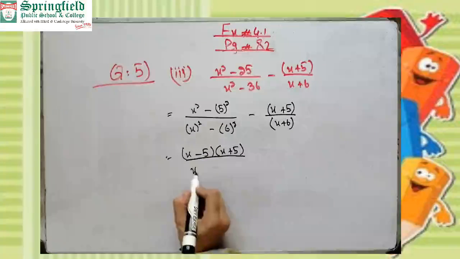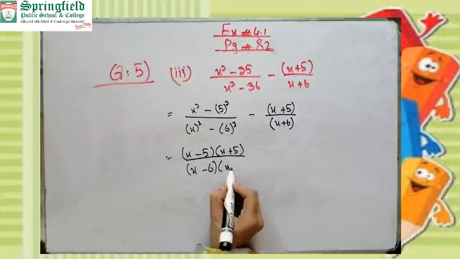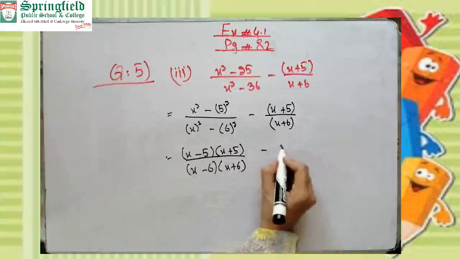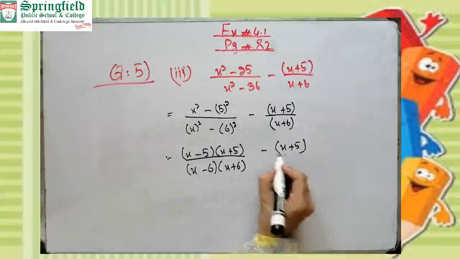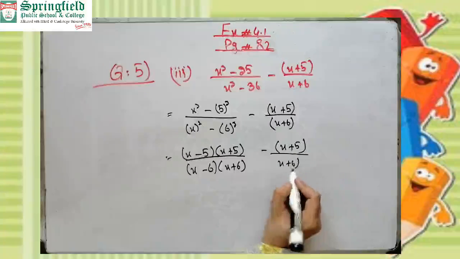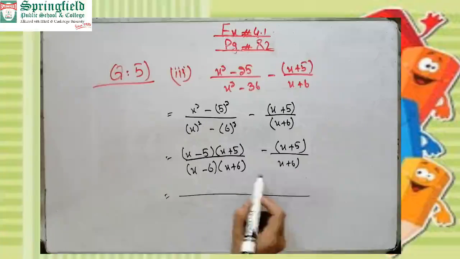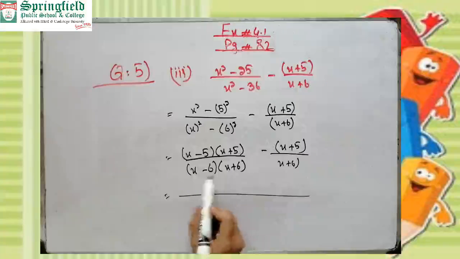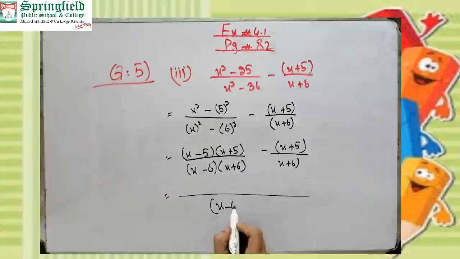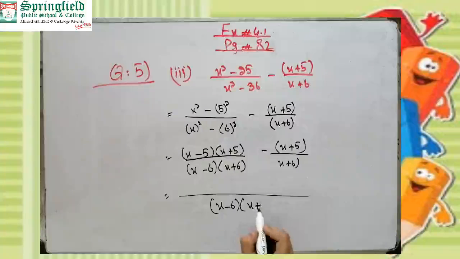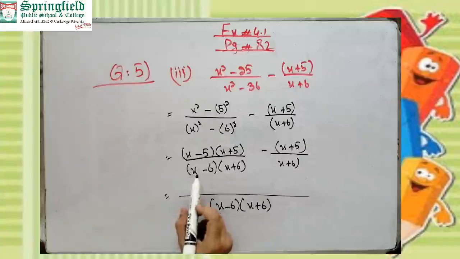And again open the formula: a minus b, a plus b. Minus x plus 5 divided by x plus 6. Now what will be the LCM of these two denominators? The highest one, this one, it means this is the LCM. Fine? Okay, now divide it.